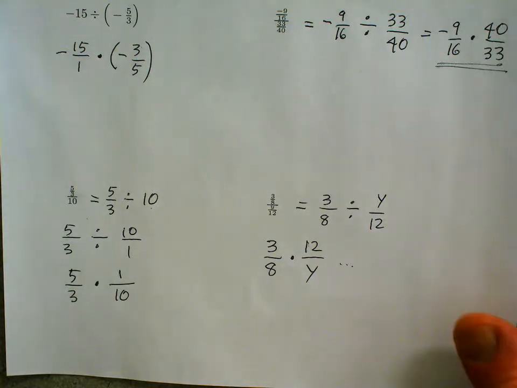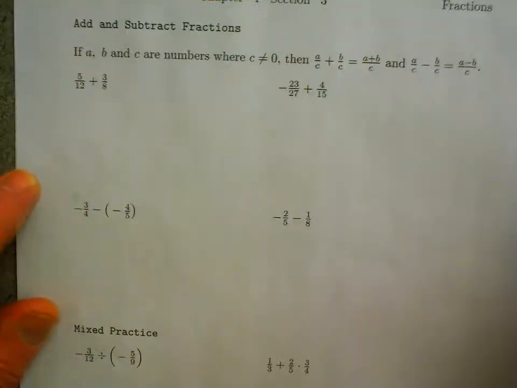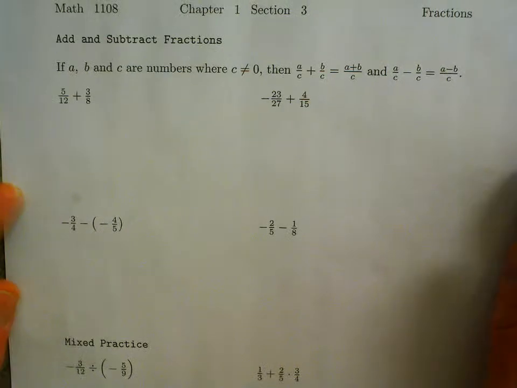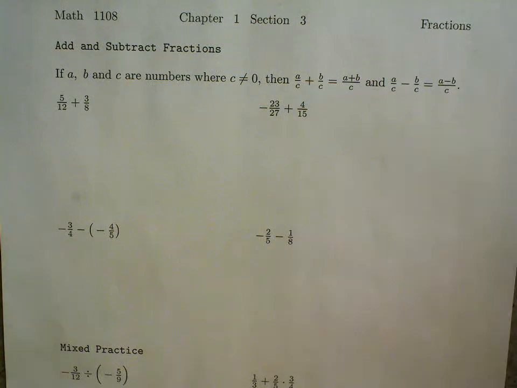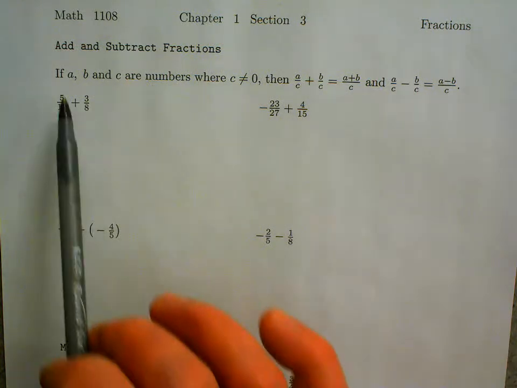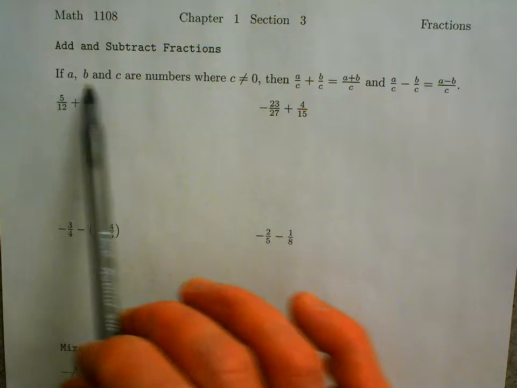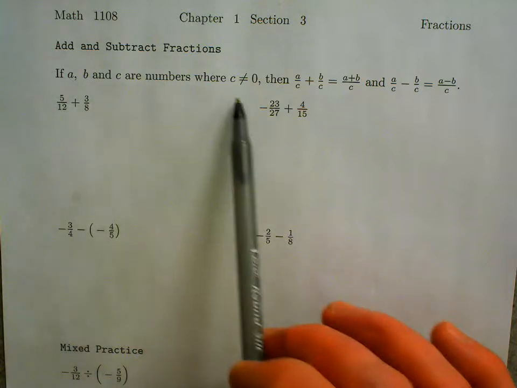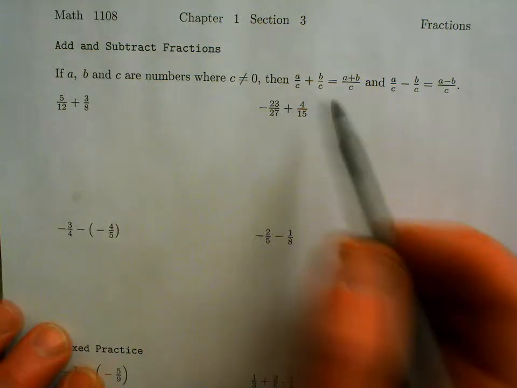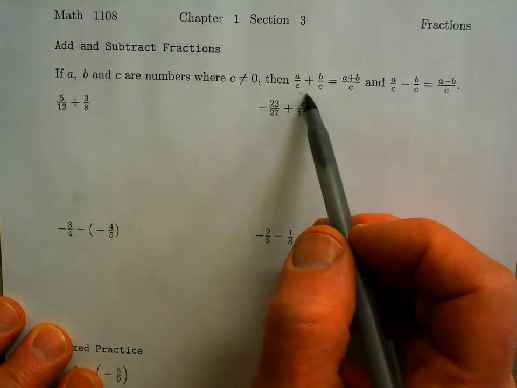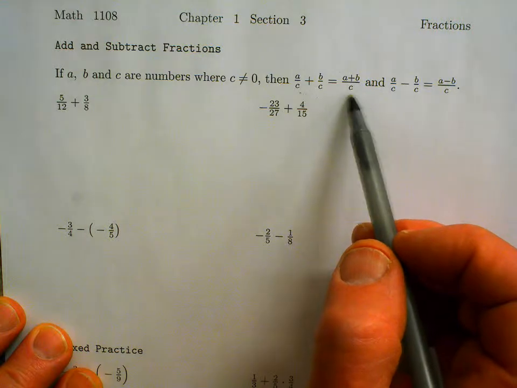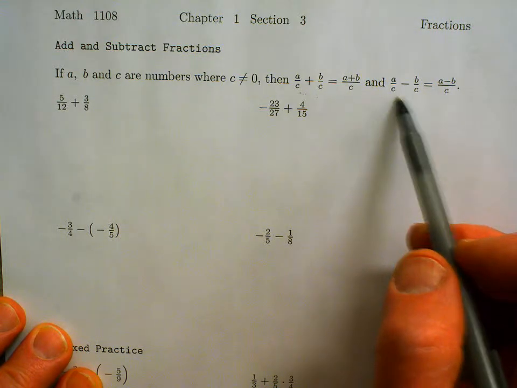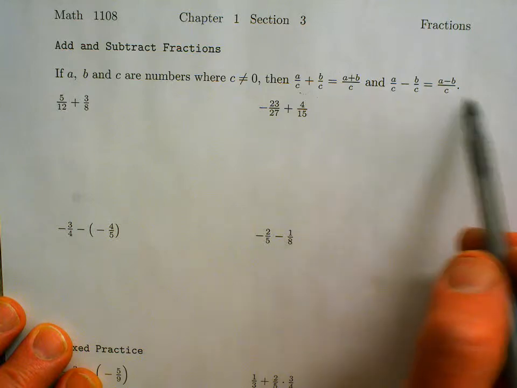Okay, we have a few minutes to discuss addition and subtraction of fractions. So here's the definition. If A, B, and C are numbers where C does not equal 0, then A/C plus B/C is equal to (A plus B)/C. And A/C minus B/C is equal to (A minus B)/C.